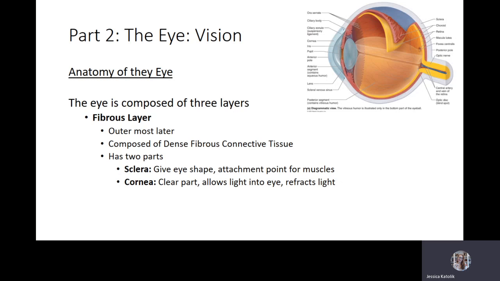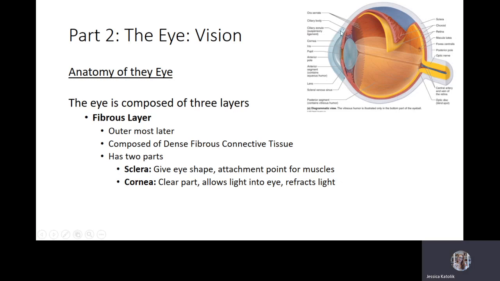Its function is to act as an attachment point for the muscles that we talked about in accessory structures. Also, it helps maintain the eye's overall shape. And we'll see later on when we talk about the optics of the eye, shape is essential for being able to focus light.